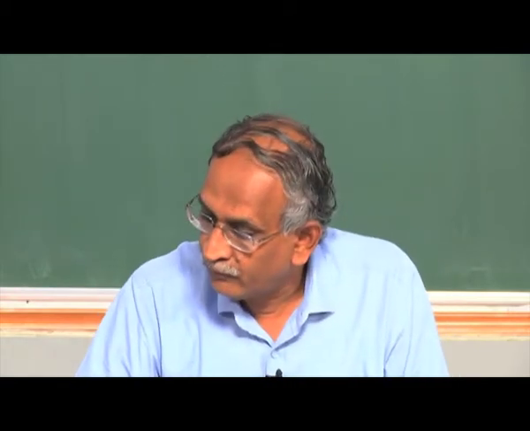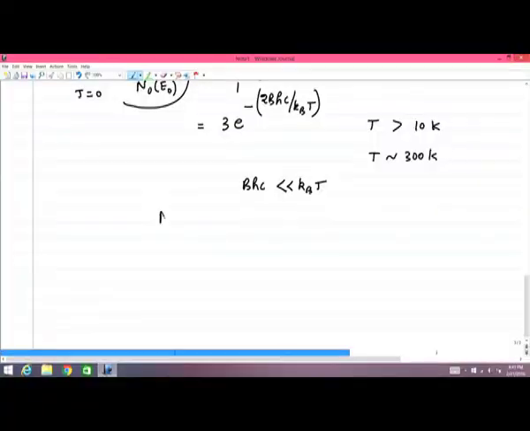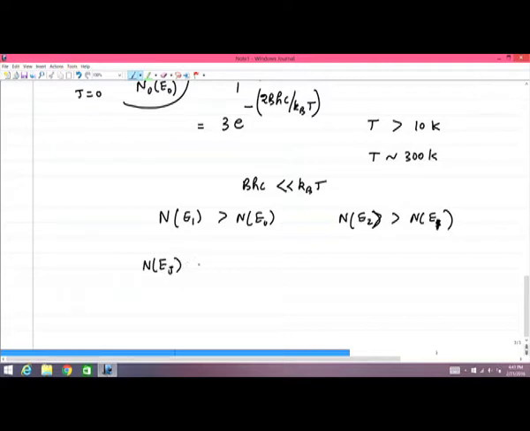Therefore, the number of molecules in E1 is usually greater than the number in E0, and the number in E2 is again greater than the number in E1, and so on. So, you can say nEj is greater than nEj minus 1, and so on, until greater than nE0. Does this go on like that forever?